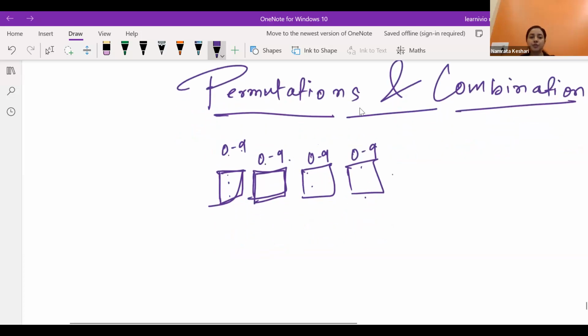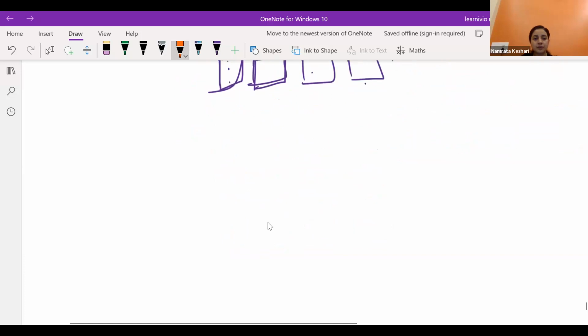Let's discuss a few examples. Suppose a person is having three trousers and two shirts.